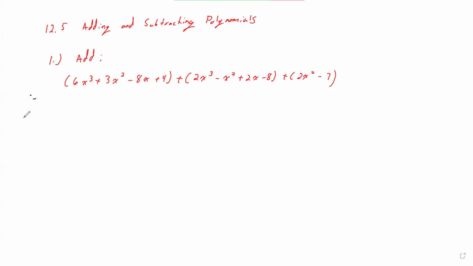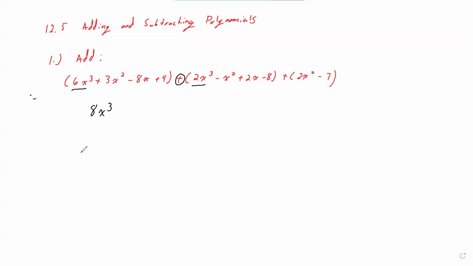All right. So again, just like in the previous section, start with the highest degree first. In this case, they're all in standard form. So I would start with the third degree. I have a 6x cubed plus a 2x cubed. So what is 6x cubed plus 2x cubed?